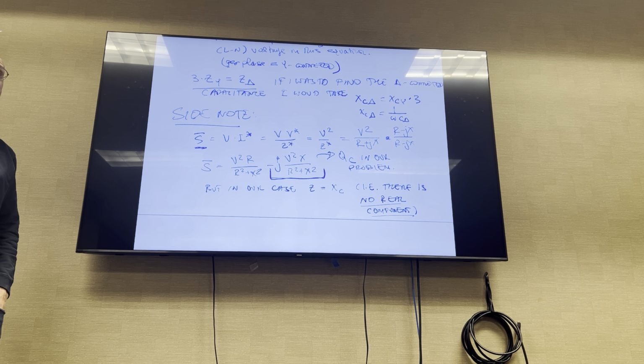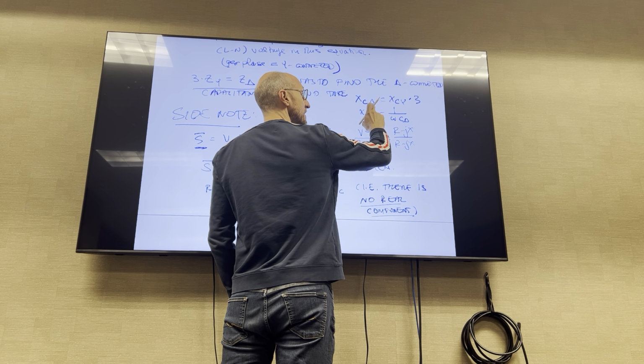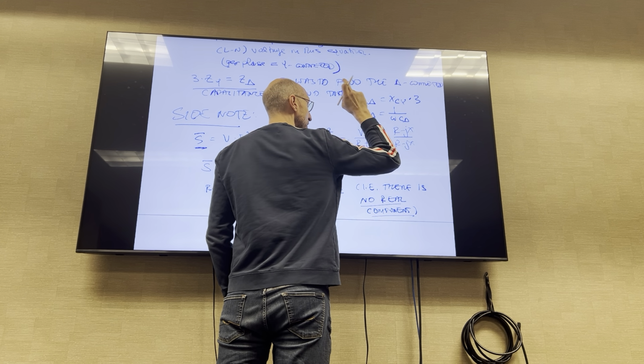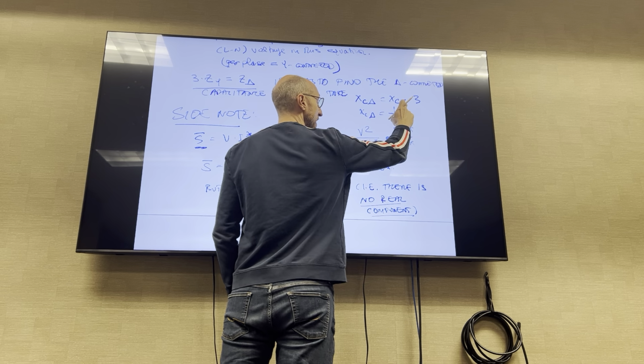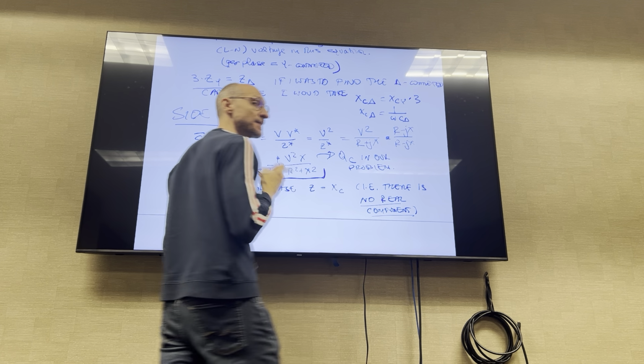And I have to look at impedance, whatever is in ohms, not in farads or henries. So I have to work with impedance in ohms, and I know that the impedance of the delta should be larger than the Y. Okay. So the 3 should be here.